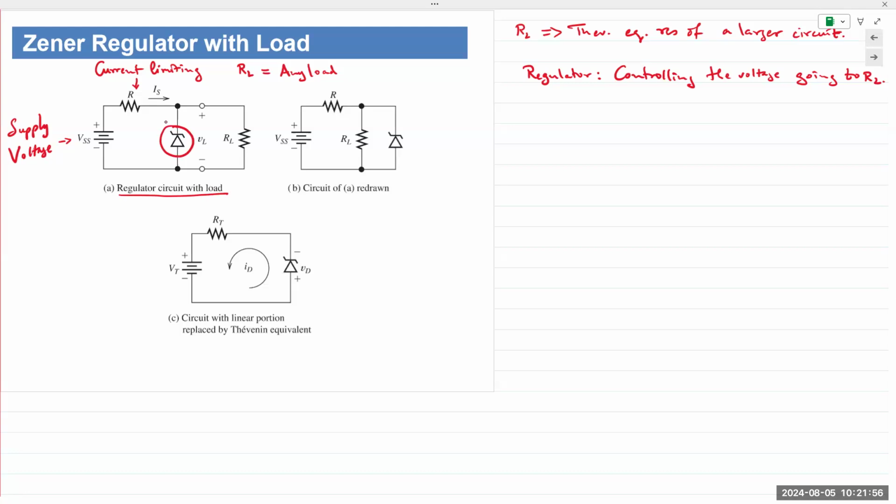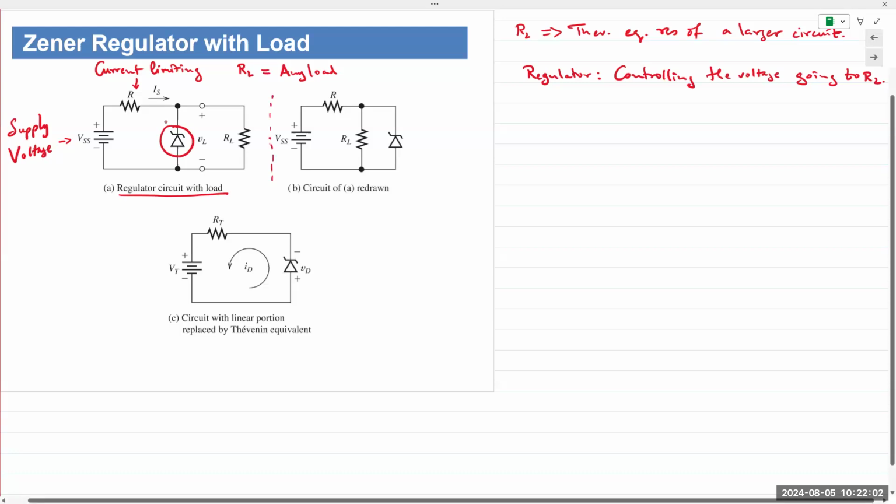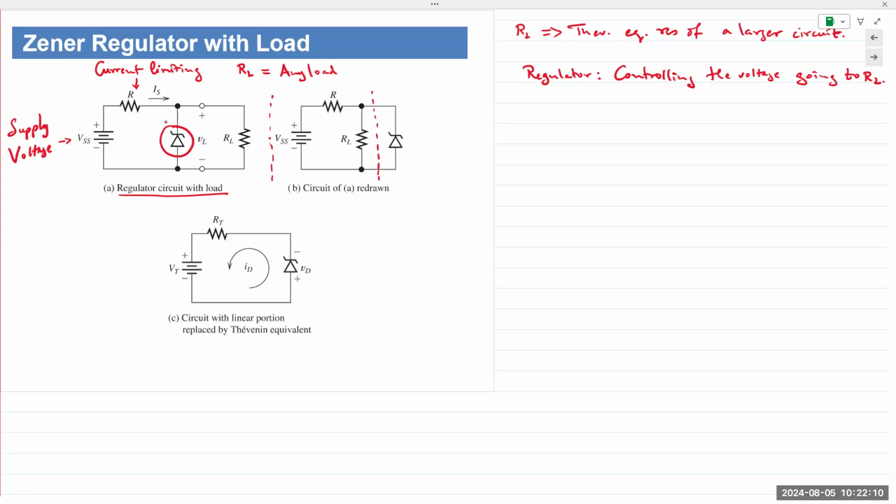So when we remove this nonlinear component, what are we left with? If you look at it like this, we are left with a linear circuit with a power supply and a few resistors in the circuit. The only nonlinear component is your Zener diode, and we brought it outside.